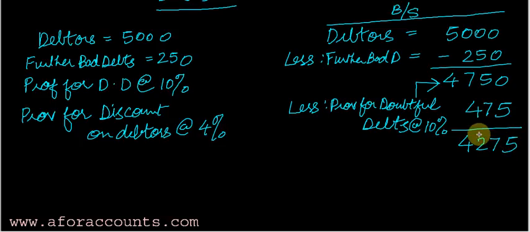Now from this, again subtract. At the end, after subtracting everything, you will always subtract provision for discount on debtors.